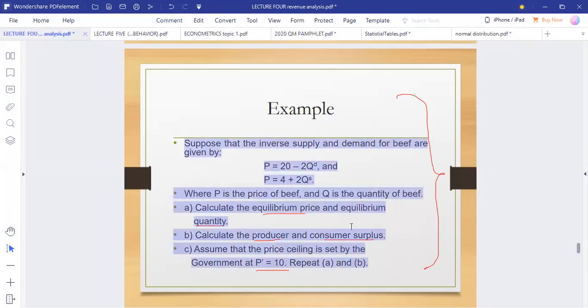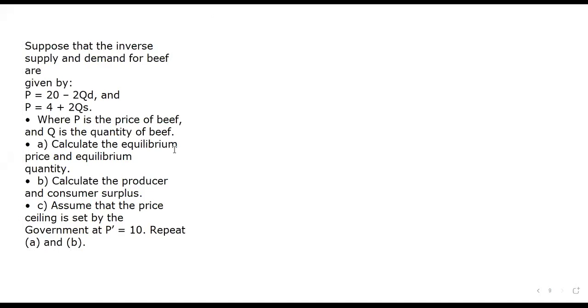I've explained everything. I now need you to help me apply. Remember, I said all these units, we need to do all the exercises for us to be ready for the test. Ladies, how do you find the equilibrium?